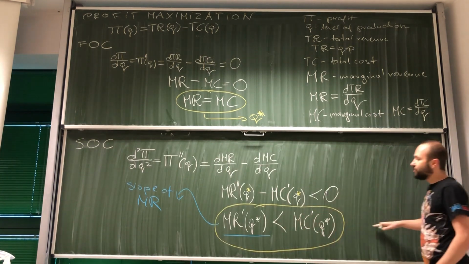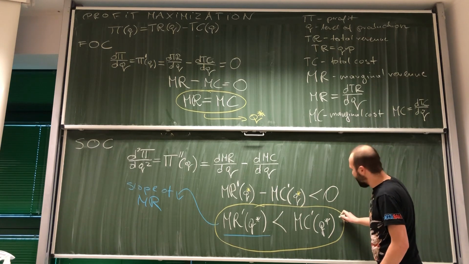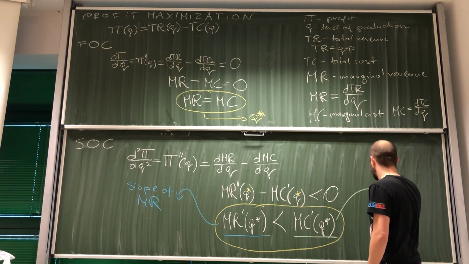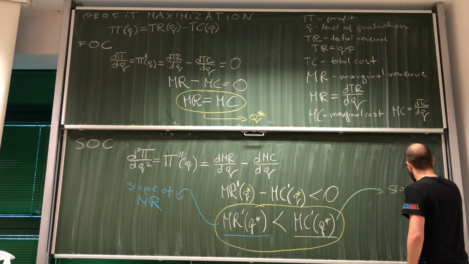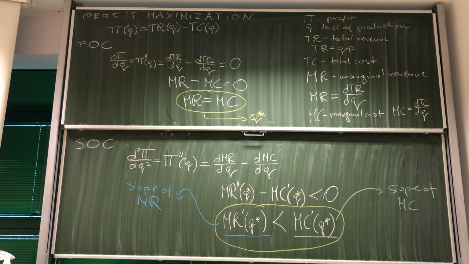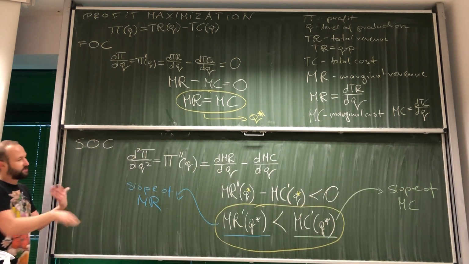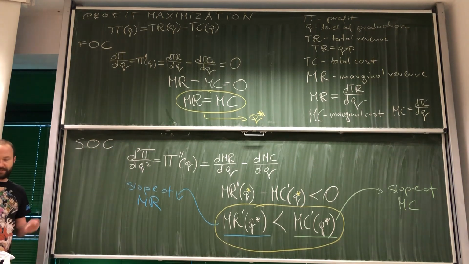Now, what do we have over here? Over here, we've got the slope of marginal cost. And even though in theory a lot of things are possible over here, how does it look in practice?